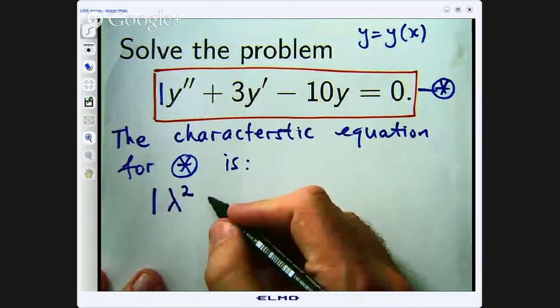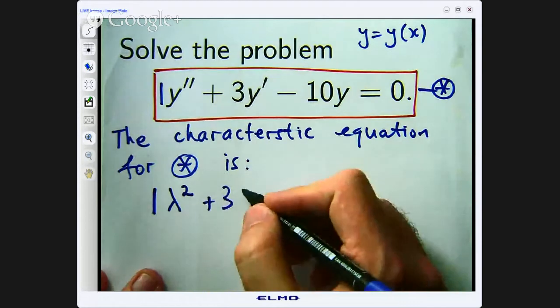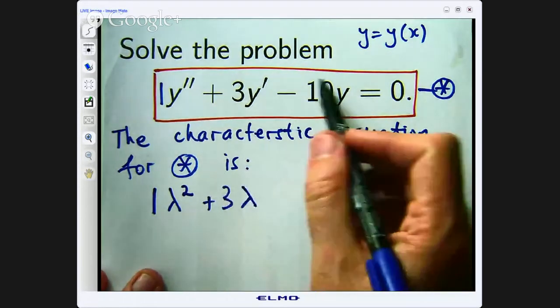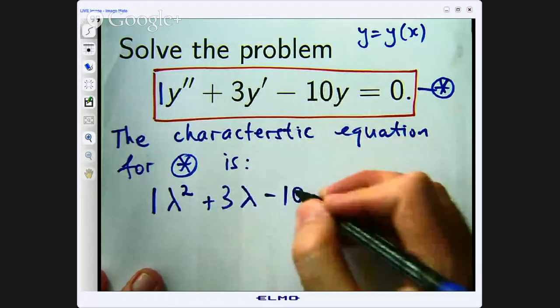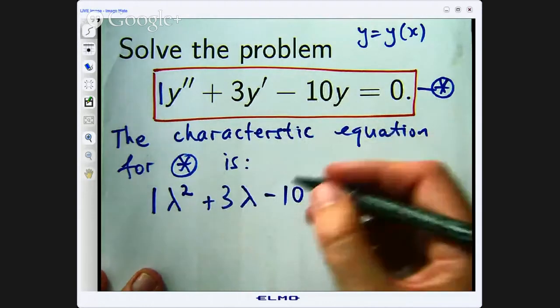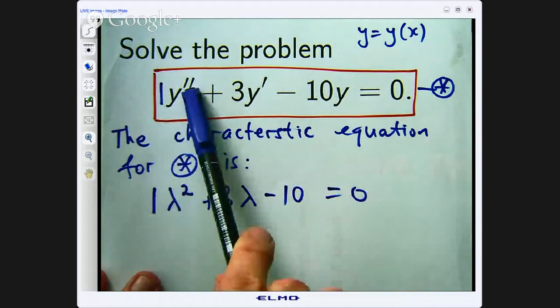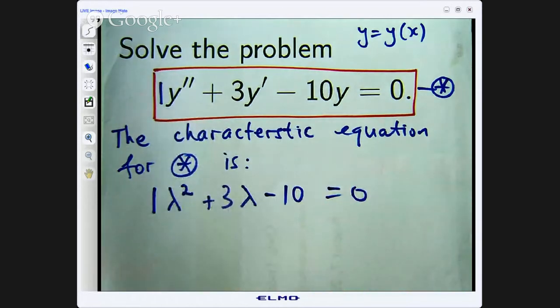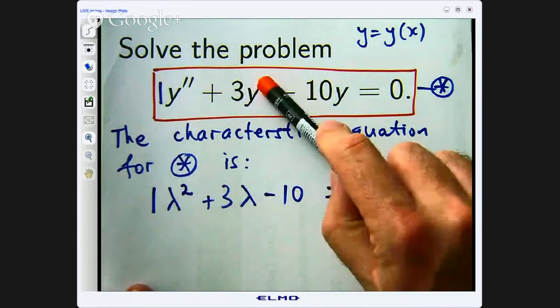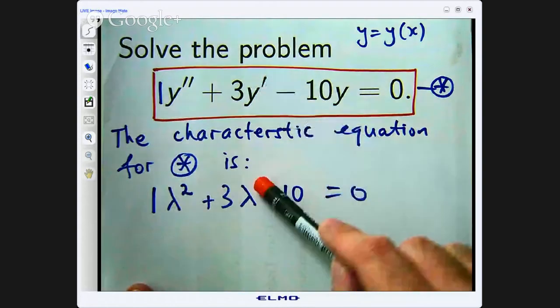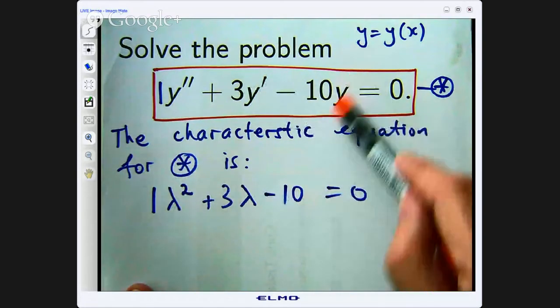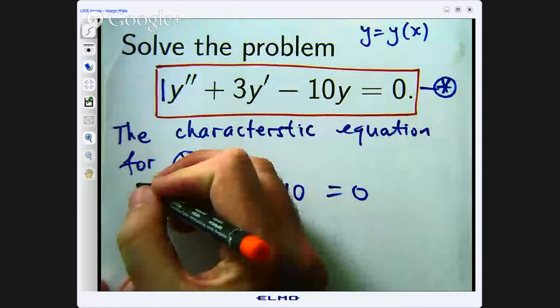The positive 3 would be the coefficient of lambda, and the negative 10 would just be negative 10 times lambda to the 0, which is just negative 10. So the double prime goes to a power 2, the prime here goes to a power 1, and the 0th derivative goes to power 0.